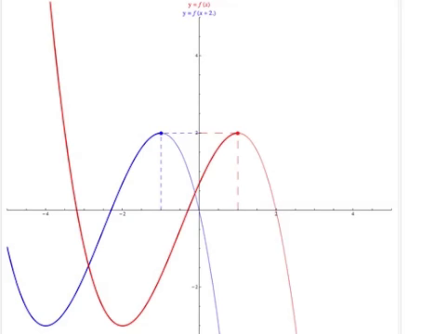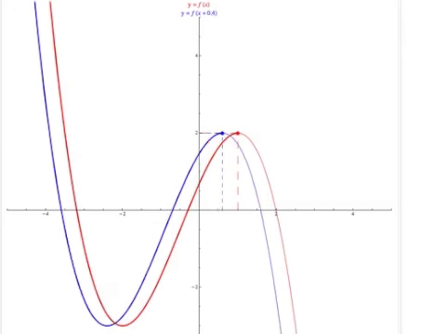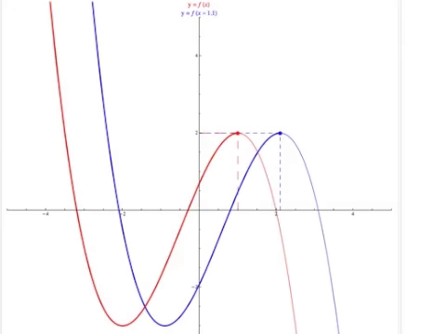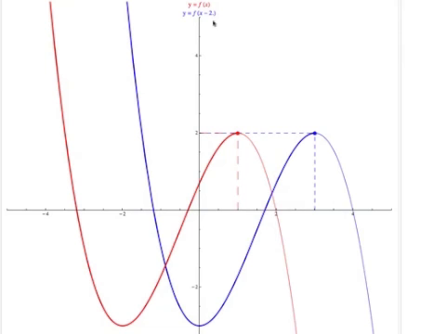So let me put the graph this time with subtracting values from x. And there we go. We're now subtracting values from x, and the graph has moved this time to the right. So subtracting 2 from x, the resulting graph is 2 units to the right from its original position, parallel to the x-axis.